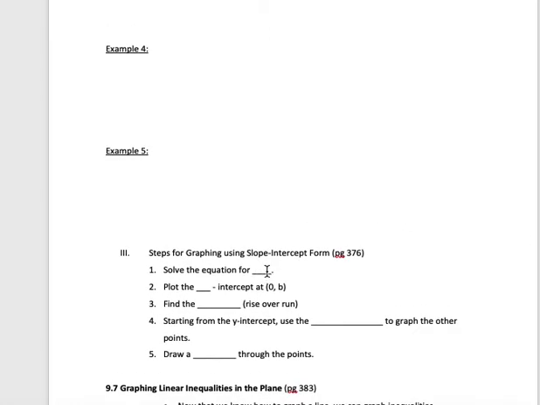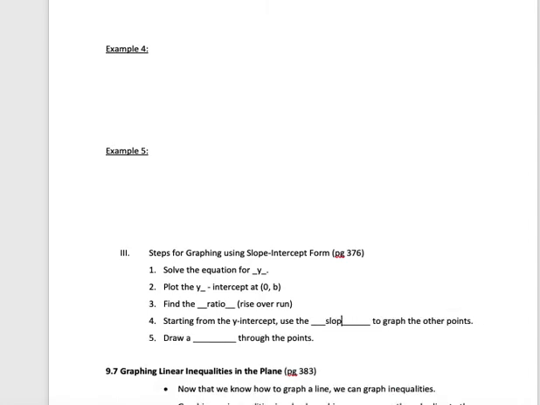So solve the equation for y, plot the y-intercept, find the slope, which is a ratio, rise over run, and starting at the y-intercept, use the slope to graph the other points. Draw a line through the points.